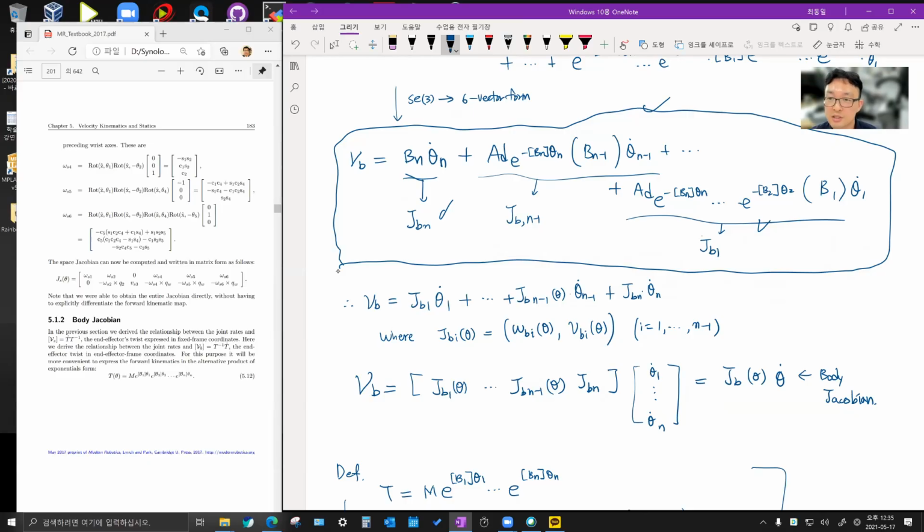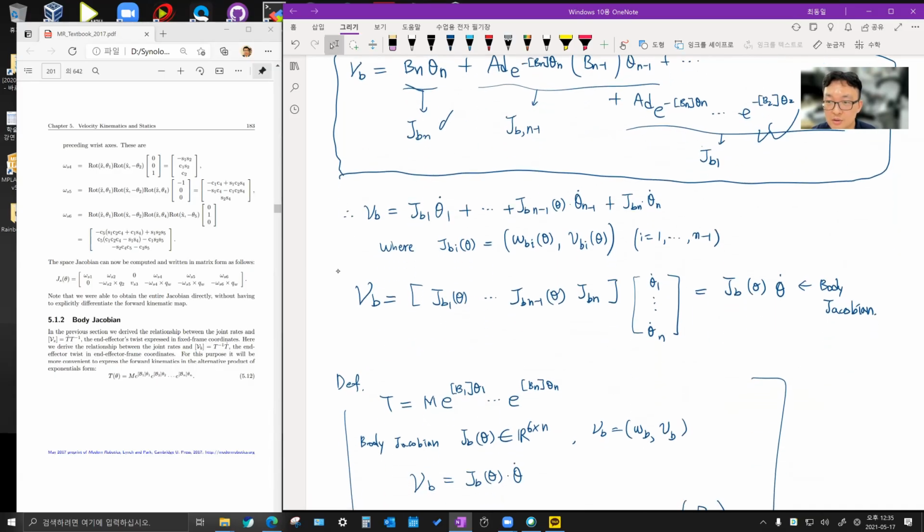The end effector is closest to the nth joint, so this one is the simplest and this one becomes the most complex. So similar to the space Jacobian, the body Jacobian becomes like that.